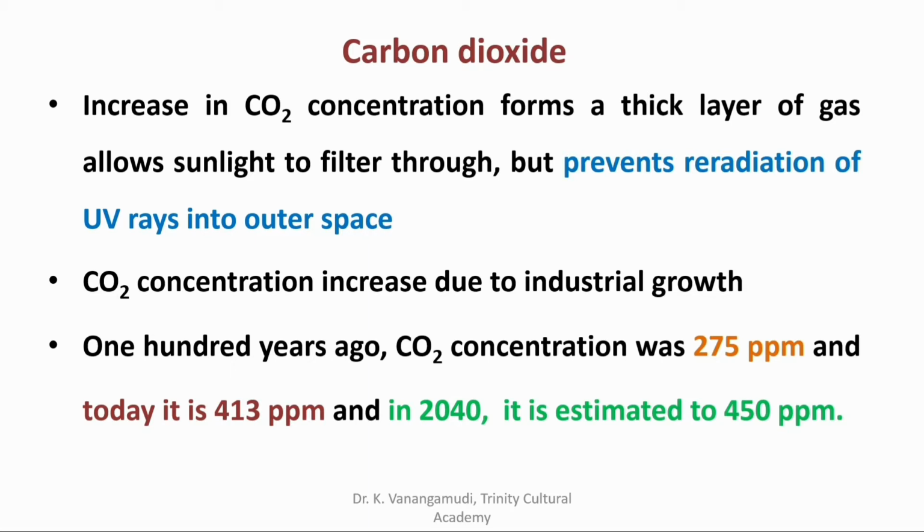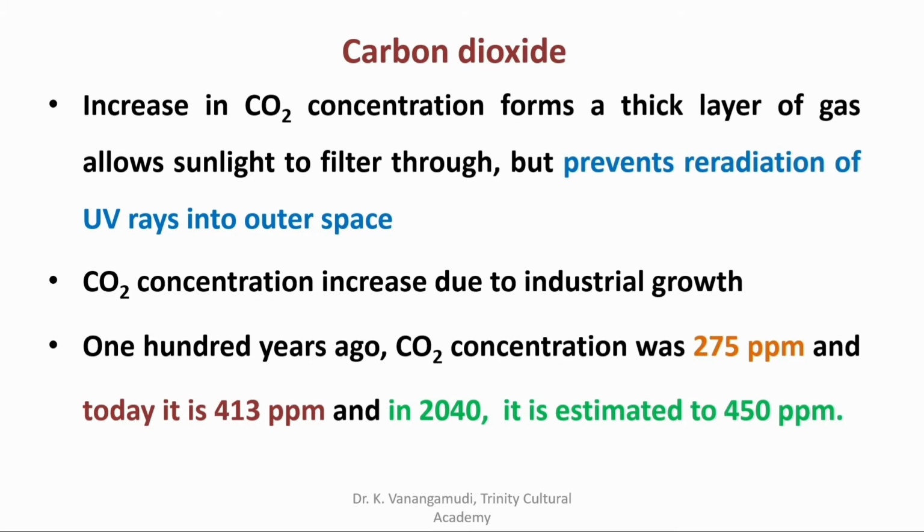Why is it called the greenhouse effect? In an artificial greenhouse, the rooftop permits solar radiation to pass through, but it prevents the escape or re-radiation of solar radiation to outside the greenhouse. Because of this, the inside of the greenhouse is warmer. Similar to this artificial greenhouse, the earth's surface and lower atmosphere are warmer.